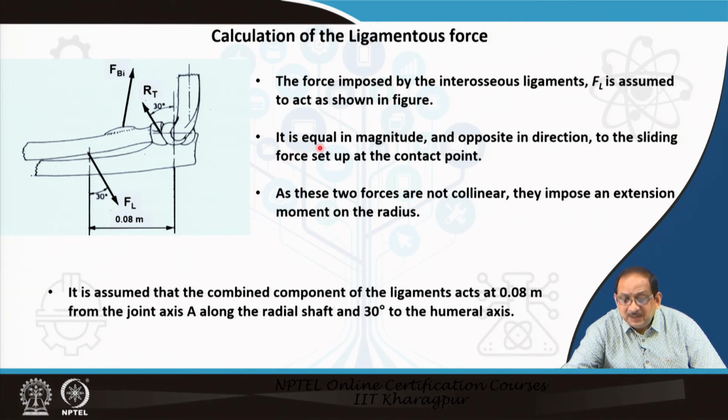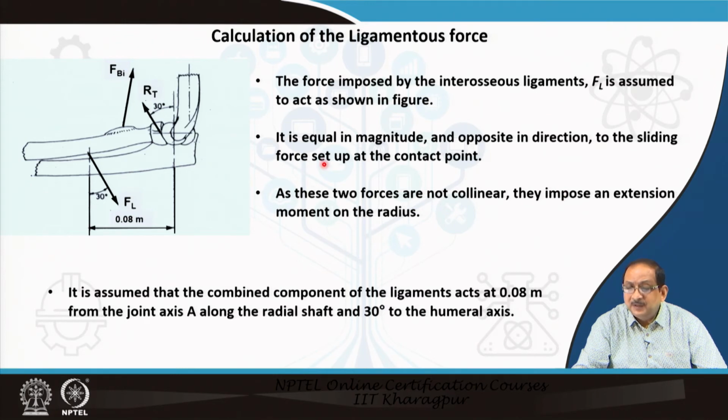It is equal in magnitude, but opposite in direction to the sliding force set up at the point of contact. The sliding force is the remnant force that we had calculated earlier, the unbalanced force, by subtracting the frictional force from the original tangential component of the joint reaction force.